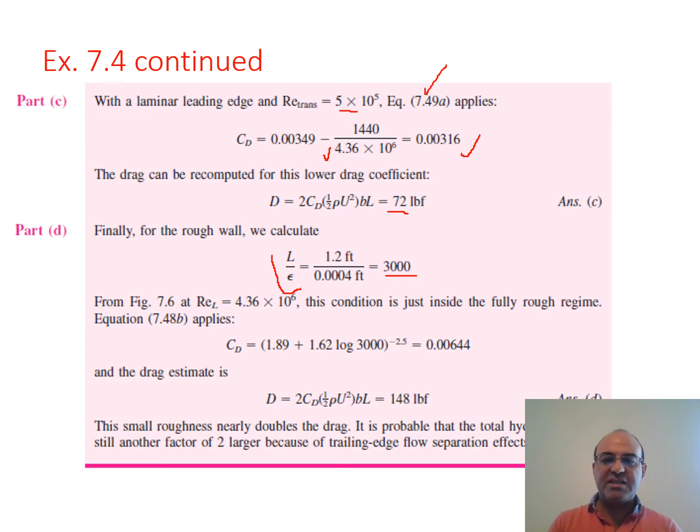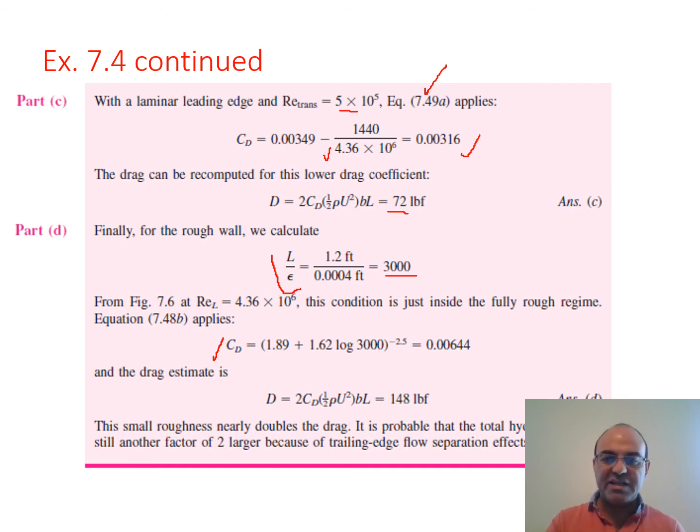So this corresponds to a condition of fully rough regime for this roughness ratio, and for that given Reynolds number, we see that the curve actually is flat. We could go ahead and either read CD from the curve or use the equation for fully rough, equation 7.48b.